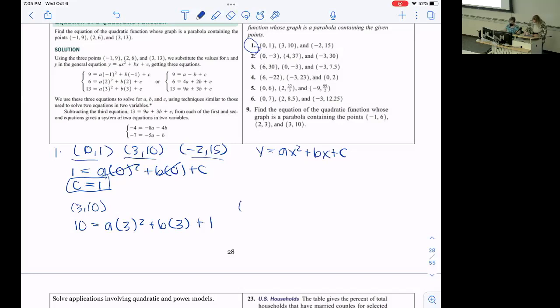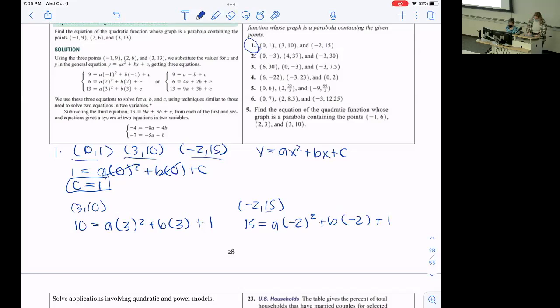And then over here, we can do the same thing with our third point, which is negative 2 comma 15. So we know that y equals 15. So we have 15 equals a times negative 2 squared plus b times negative 2. And then again, we know what c is. So we can go ahead and plug in c.